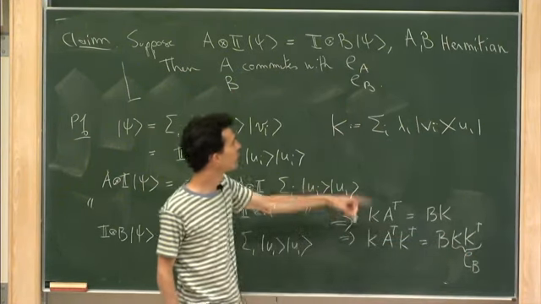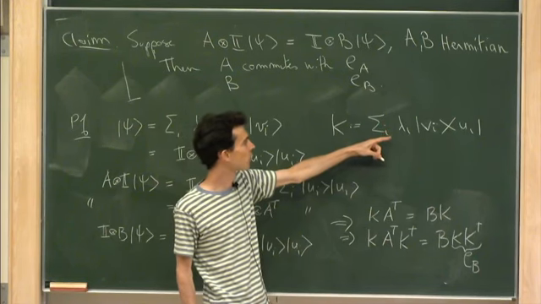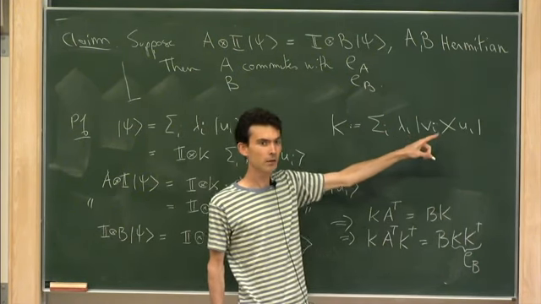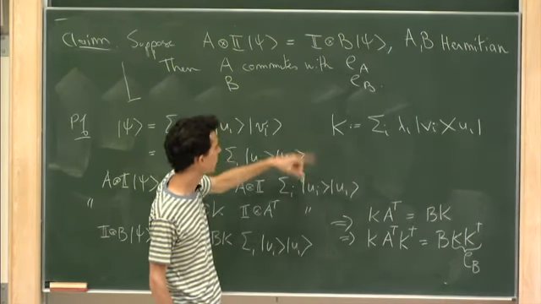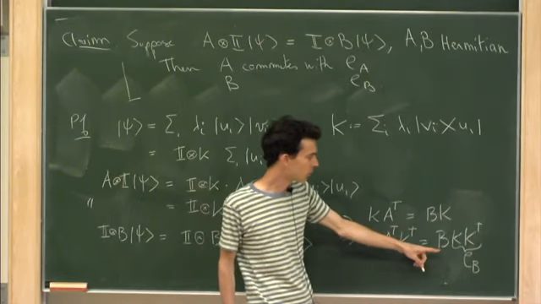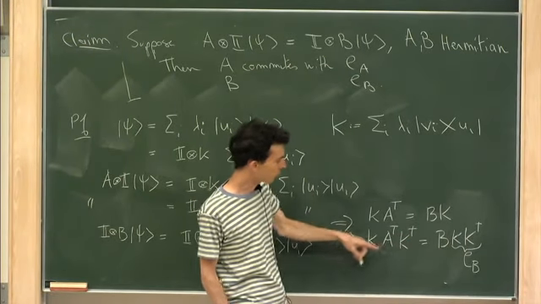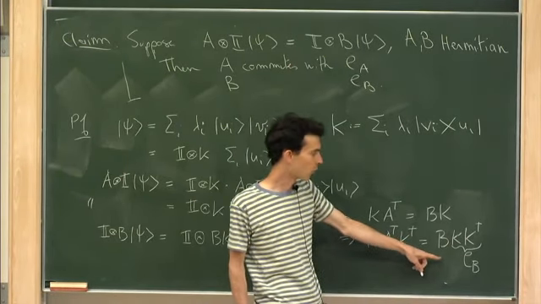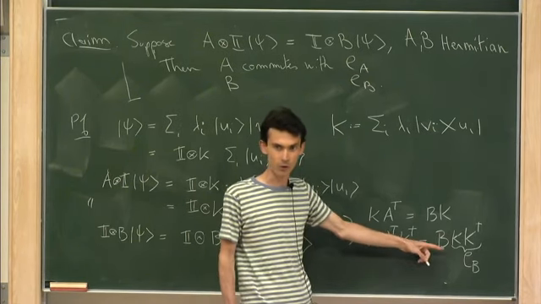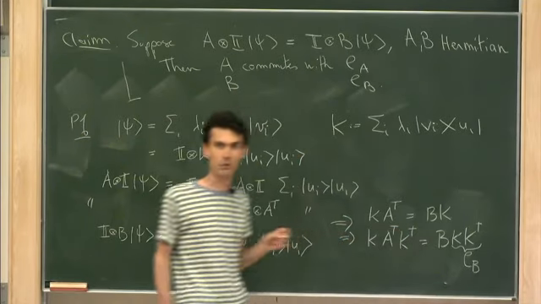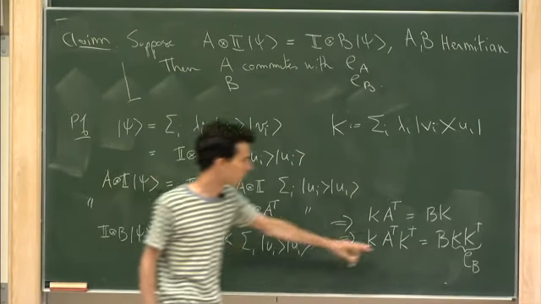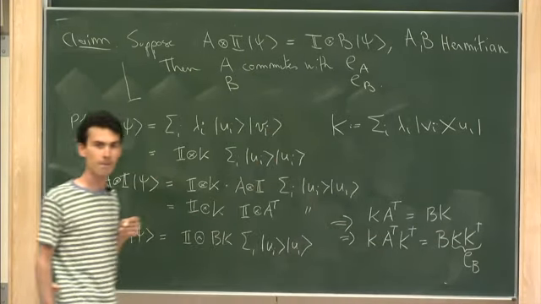This K K dagger is just the sum over i of lambda i squared v_i v_i. It's the reduced density of psi on Bob. So I have this Hermitian matrix which is equal to B times rho. I can take the conjugate transpose, this doesn't change, this becomes rho times B dagger, B is Hermitian, so I have that B rho equals rho B. Right? This one is Hermitian, this one should be as well.